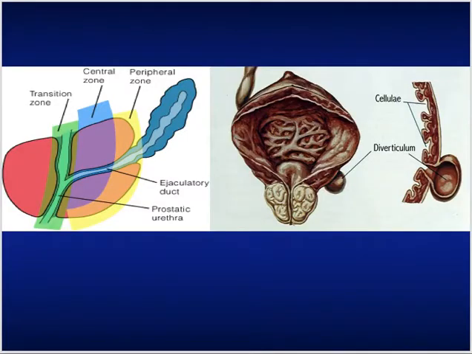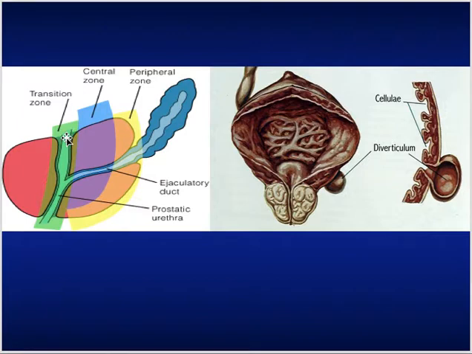So let's talk about anatomy, because anatomy is very important to understand in this whole story. We can classify or divide the prostate into these sections. If you can see over here, there is a peripheral zone, a central zone, and a transition zone.